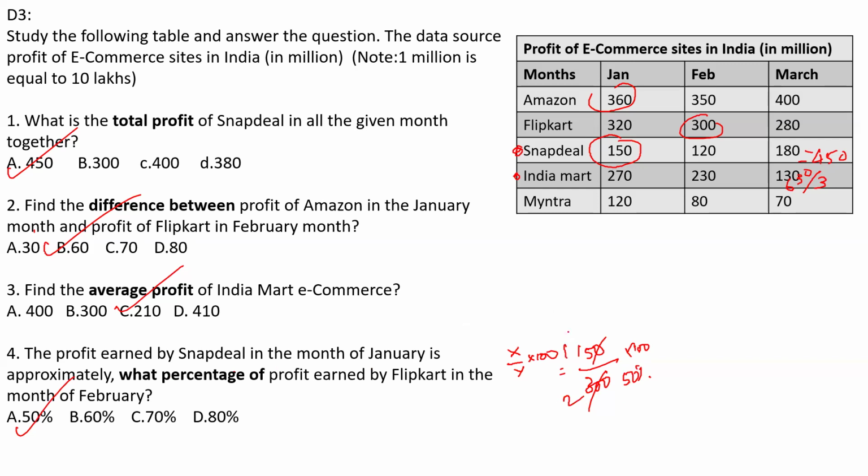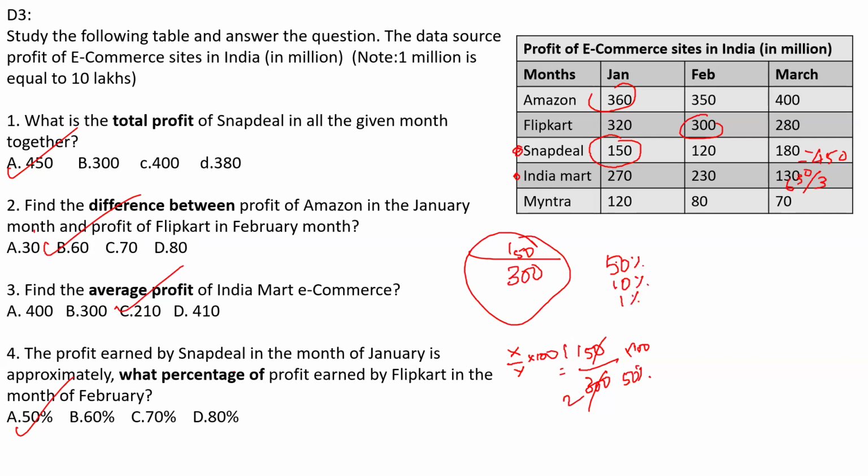So either you can do it this way or not. See, in this 300, what is this 150? Half, right? Like this also you can tell. Or else, from this 300, it's easy to calculate 50%. Also, it is easy to calculate 10%, and also 1%, right?